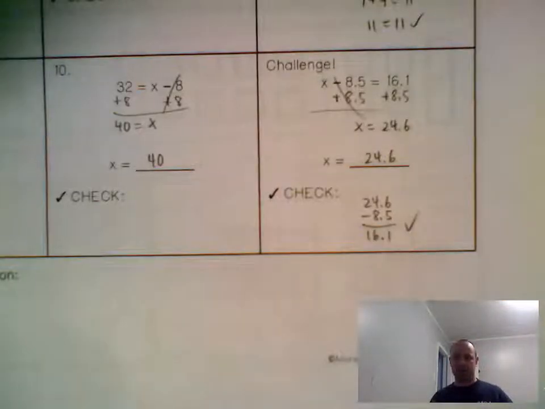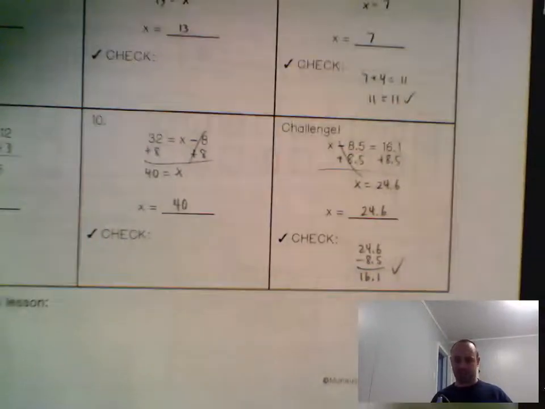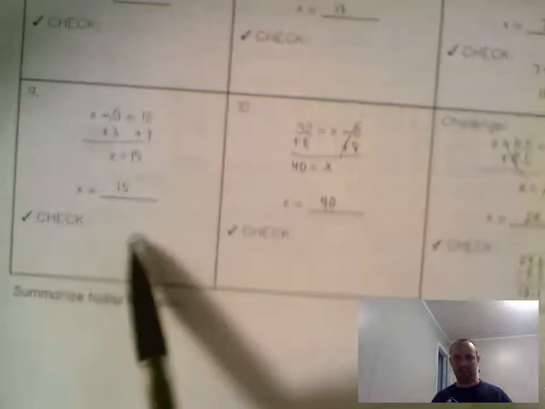All right, you guys can go ahead and take a look to see if you got those answers. So for these, x equals 7, x equals 40, 24.6, and 15.